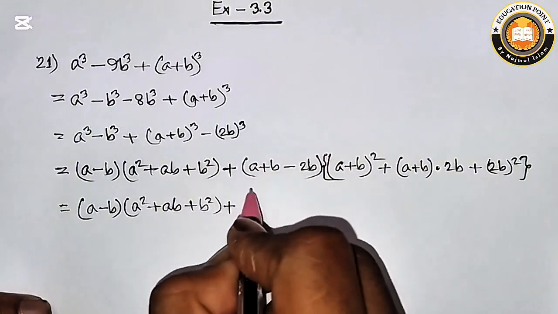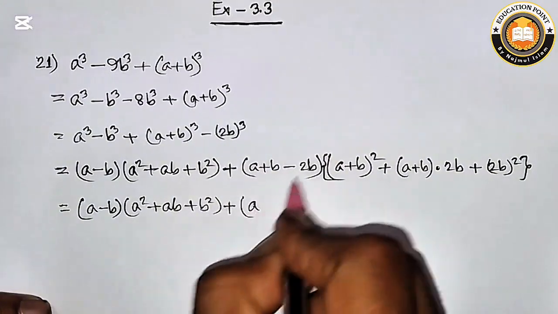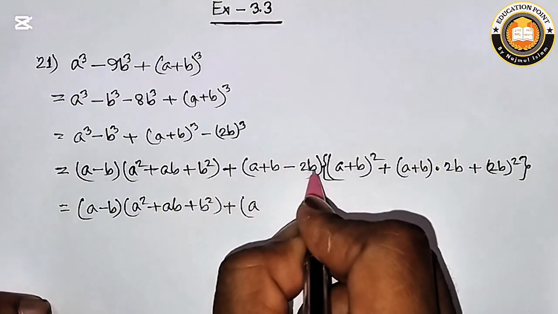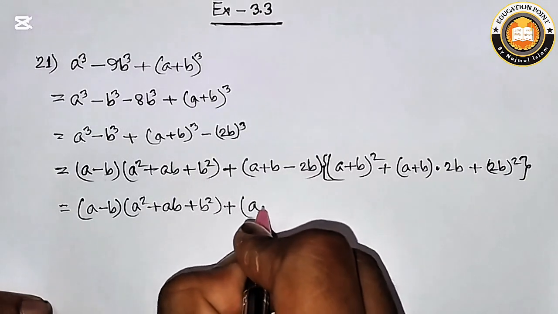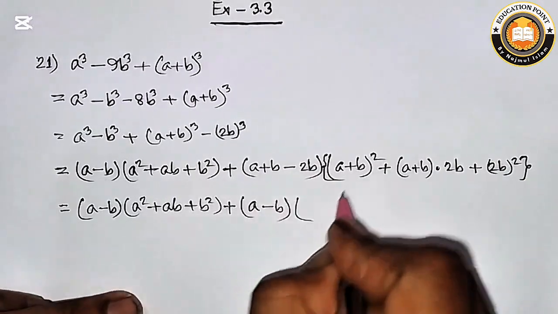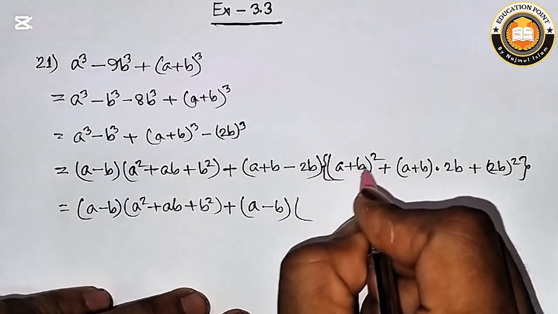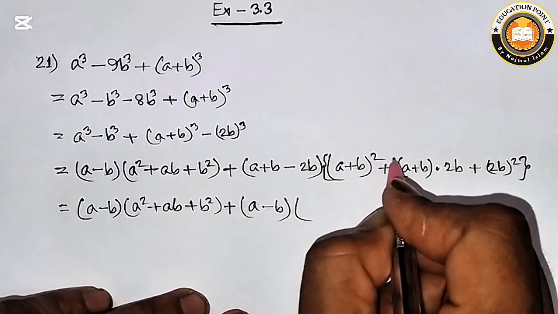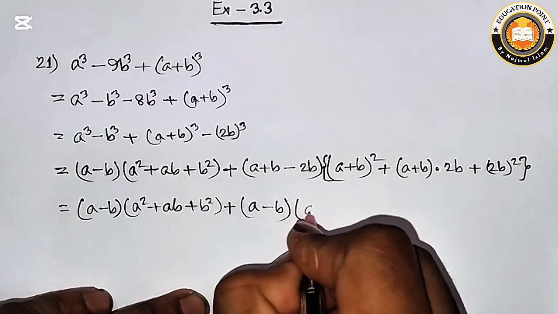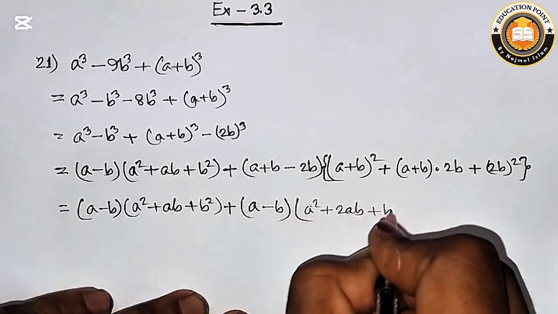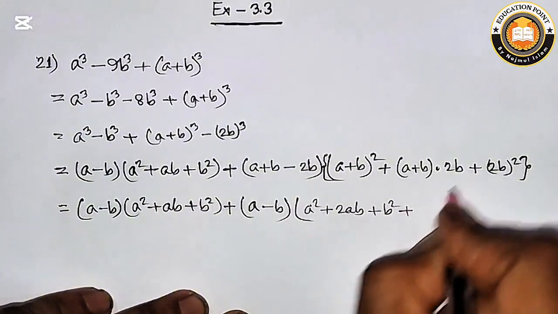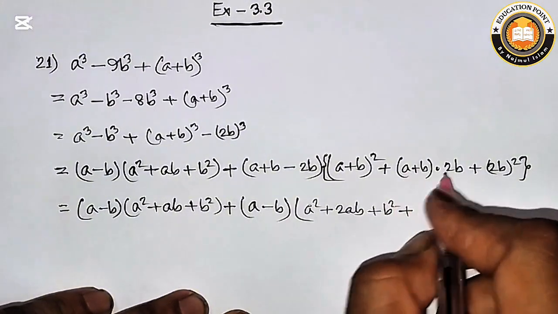plus, a subtracted value of minus 2b and plus b equal minus b. Here we will apply the formula of (a plus b) whole square, that means a square plus 2ab plus b square, plus 2b multiply with (a plus b).